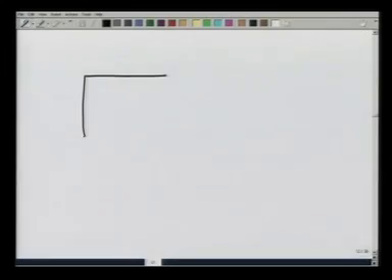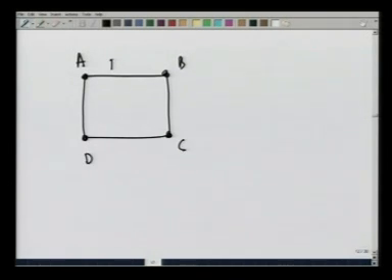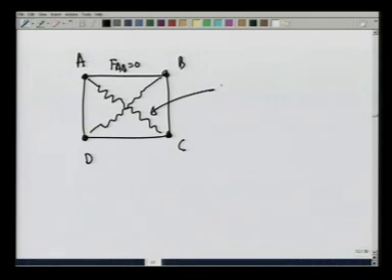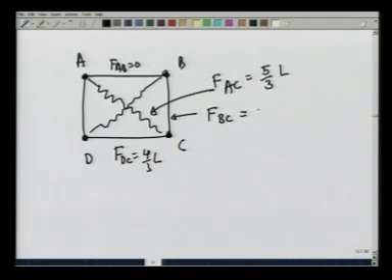So, what we have found on this frame A, B, C, D: FAB is 0, FAC is 5/3 L, FDC is 4/3 L, FBC is equal to L, FAD is equal to 0, and FDB is equal to 0.